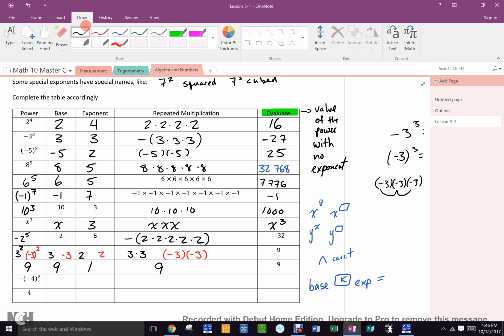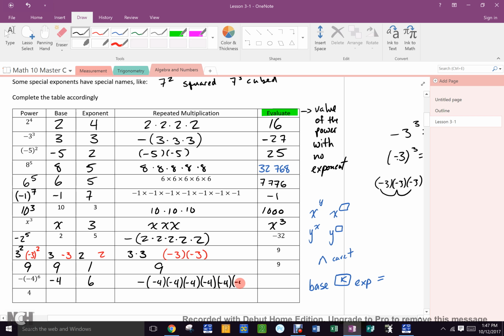What's the base? -4. What's the power? Write it out. Okay, Jack? So it would be negative, then brackets, then -4 times -4 times -4 times -4 times -4 times -4.